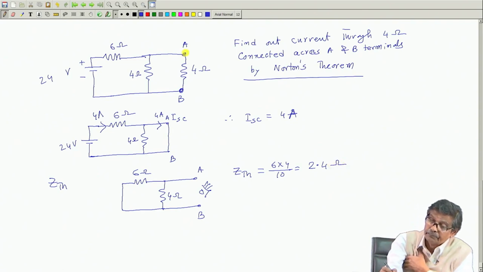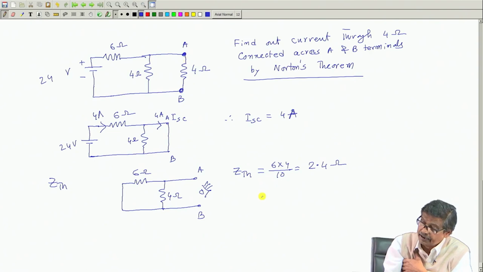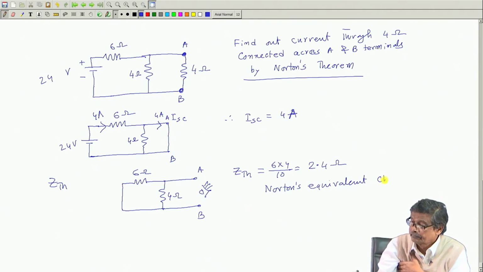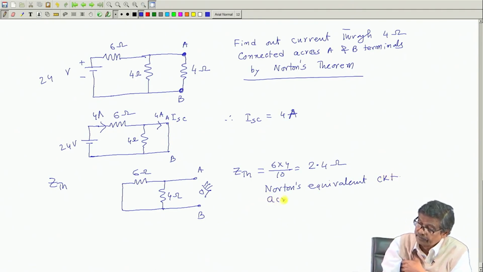Then I say behind this point A and B, Norton's equivalent, across A and B there will be a current source.